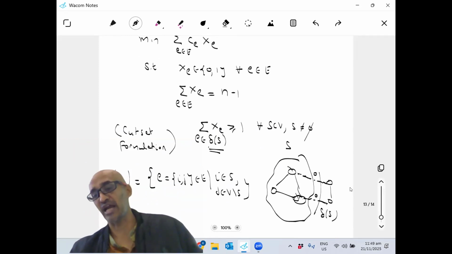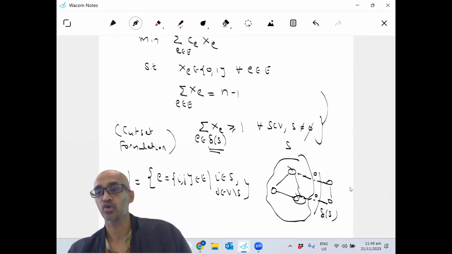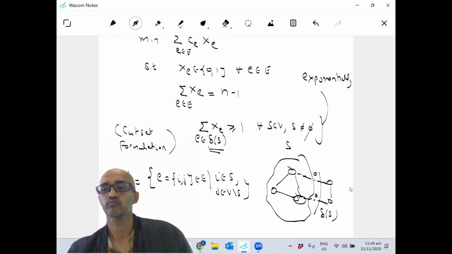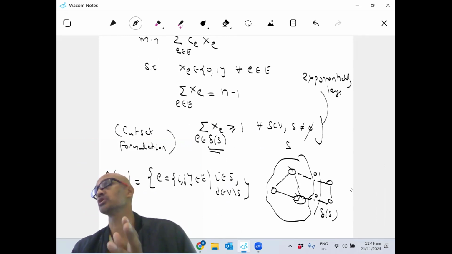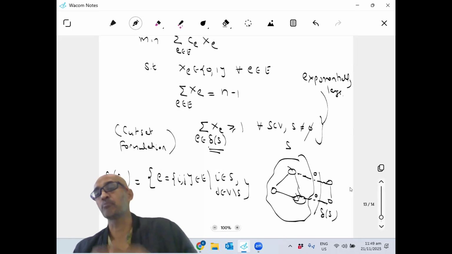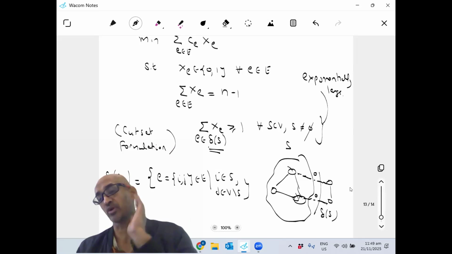Of course, this is exponentially many. You have the same issue here. But in principle, you can write down this. Again, it turns out you can solve this problem. You can do the separation idea.